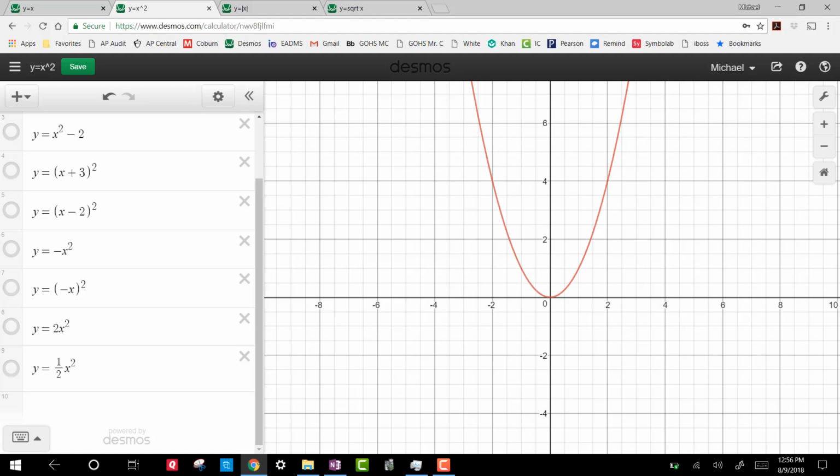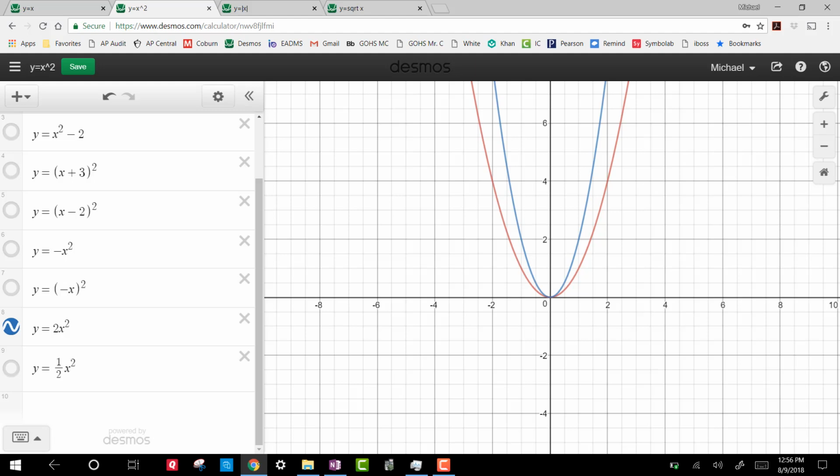Now there's my parent function again, and here's y equals 2x squared. Notice the vertex is in the same place, but the graph got skinnier. Okay, it got skinnier. And as you look at it, I want you to take a look at some of these points here. Notice this first point was at 0, 0, and then on my parent function, the next full numbered point was 1, 1.